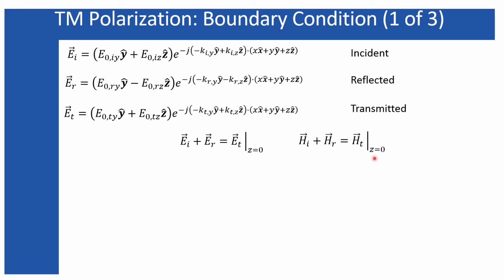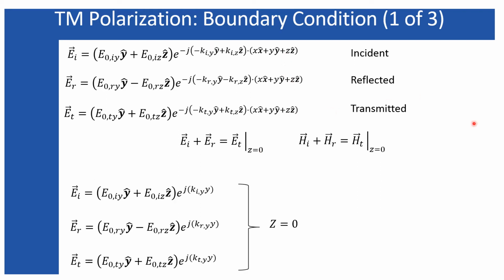So, if you place z equals 0 over here, over here, over here, the electric field will be like this, because already we know the x components of the propagation vectors are 0 for the incident, reflected and transmitted waves, and right now I'm considering z equals 0 also.